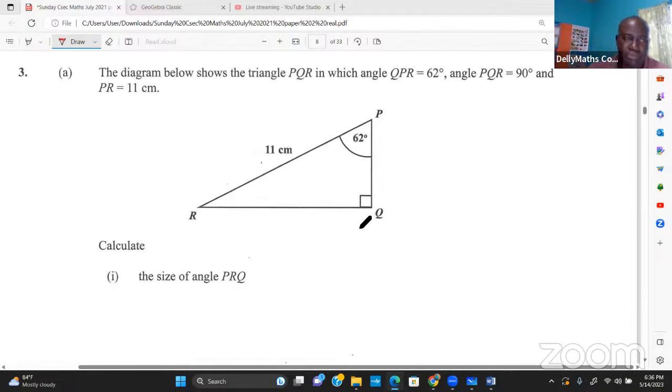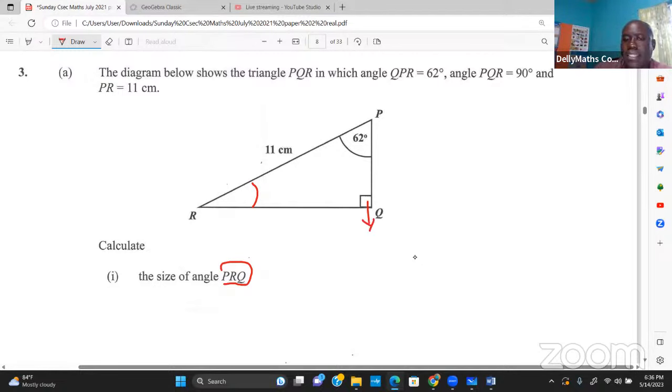All right, let's go. So then we have the information there. The first question says that we want to find the size of angle PRQ. Size of angle PRQ, this. Now, this is an easy 1 mark question because there are only 3 angles in a triangle.